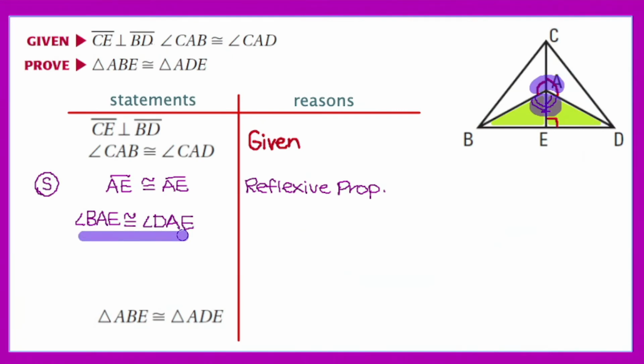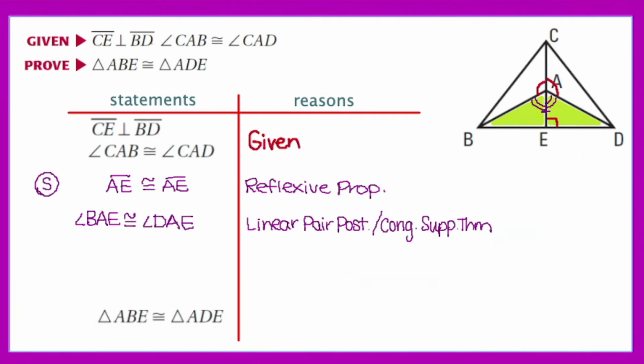And that's what I just claimed. That old theorem was called the congruent supplements theorem. So I kind of crammed that all into one. Again, this is a little more tricky than I'd expect you to do on your own. That was a combo of the linear pair postulate and the congruent supplements theorem. But I got myself a pair of congruent angles.